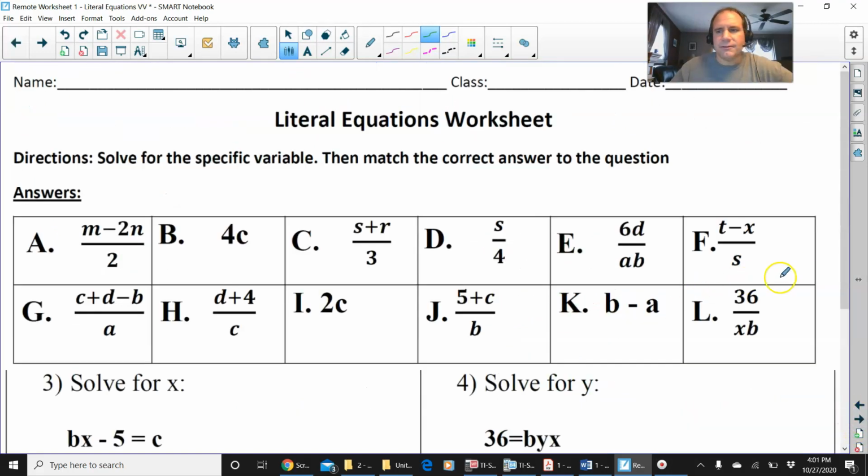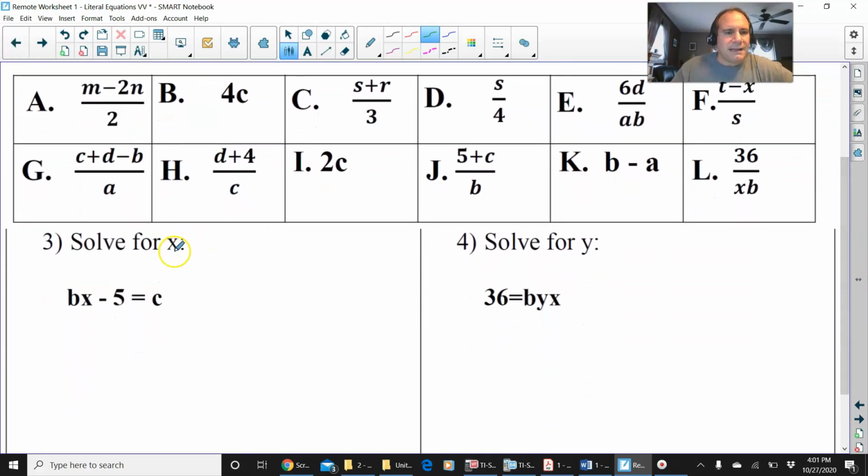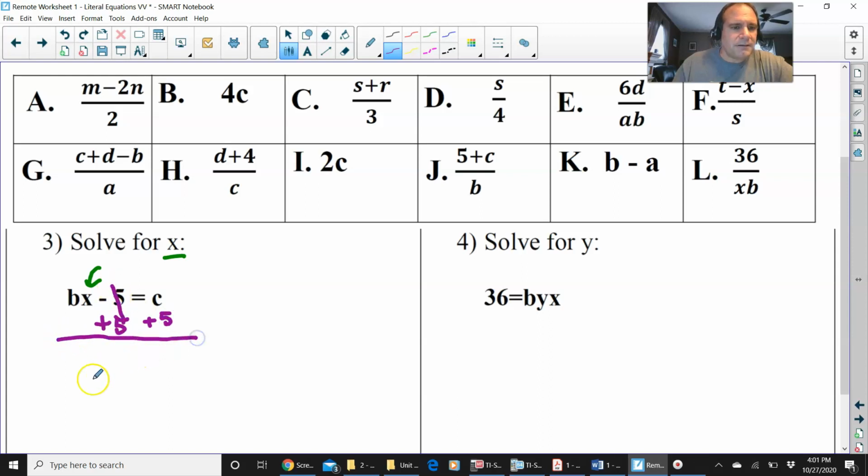Let's go on to number 3. Solve for x. And I'm going to put a little arrow right there for the x that I want to solve for. So I am going to take this minus 5 and basically move it over to the other side. And I do that using inverse operations. You add 5 on each side. This cancels, and I have bx equals c plus 5.